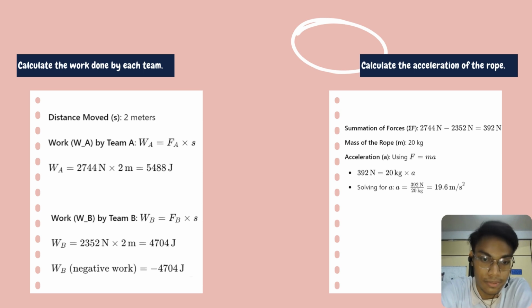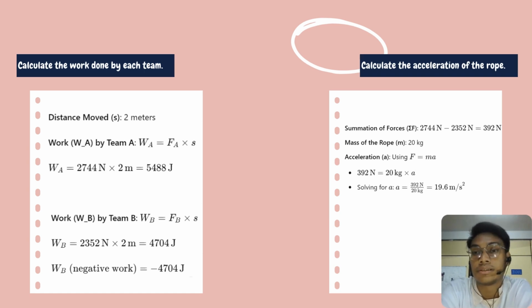For Team B, 2352 Newton multiplied by 2 meters equals 4704 joule, in negative because it is the negative work done by Team B.